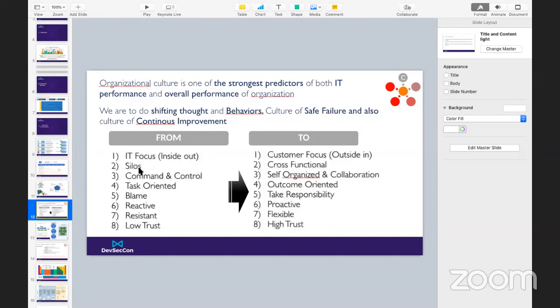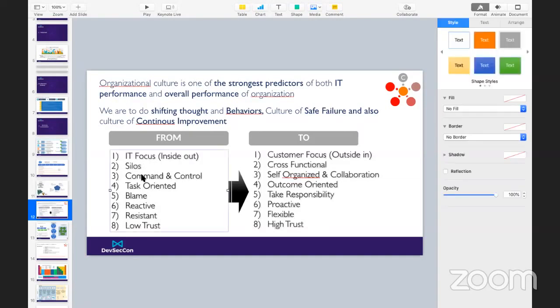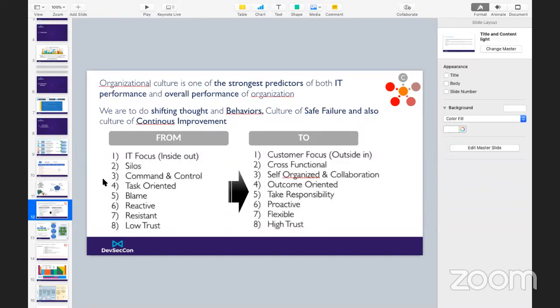When you are currently working in silos, you need to think about cross-functional teams. And if you find the organization still does command and control, you need to change to self-organization and collaboration. And also if you only focus on task orientation, now you need to become outcome oriented.